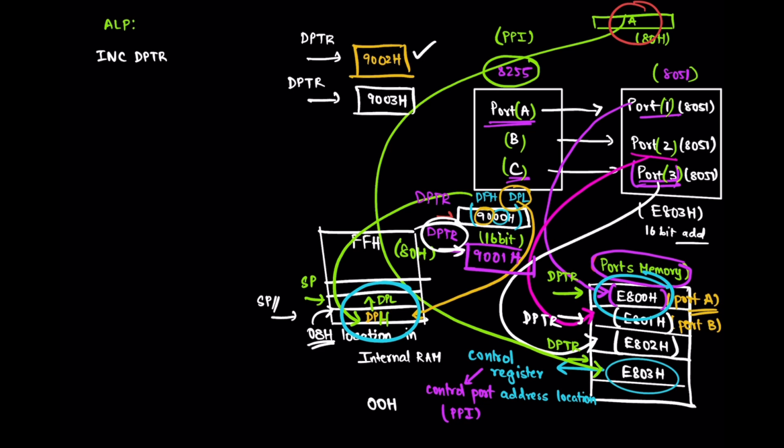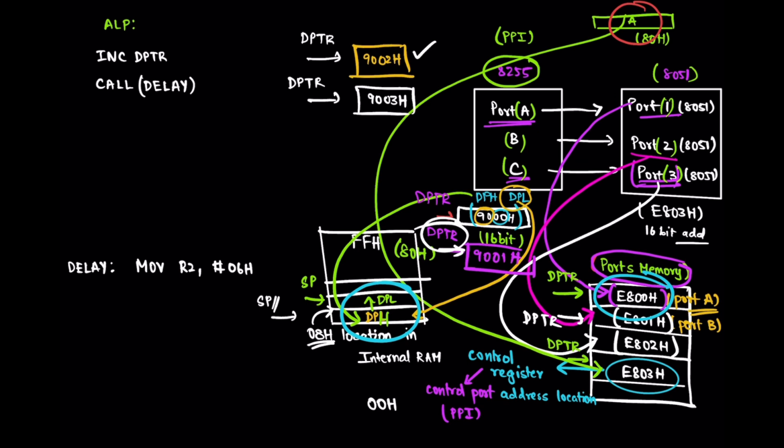Okay. Now I have to also configure the time duration for each of the turning on and turning off of LED. So I have to use a delay instruction. So I'm going to write CALL DELAY. Now I have to define this delay, right? So for that I'm going to give the label DELAY here and I'm going to write MOV R2, #06H.